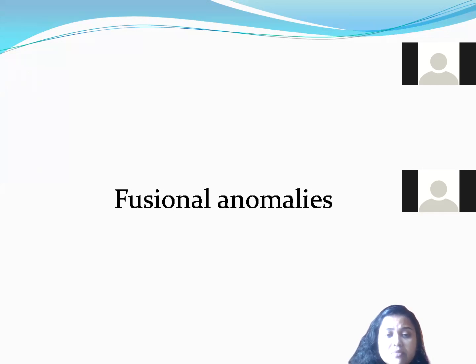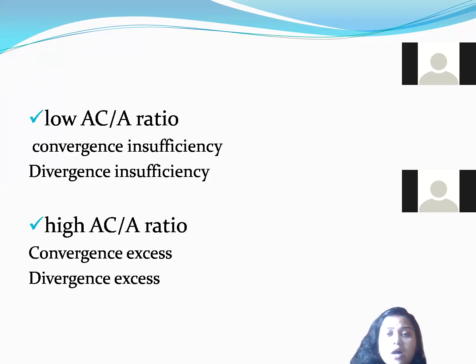So today we'll be discussing how to identify which kind of binocular vision anomaly it is. Normal AC/A ratio is around 4:1 to 7:1. Normally in books it is written as 3:1 to 5:1, but in normal clinical findings in India, whatever we get is 4:1 to 7:1.